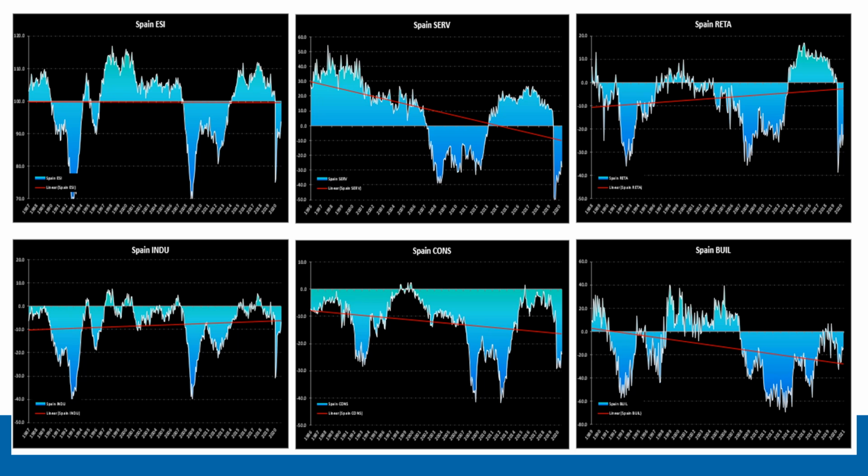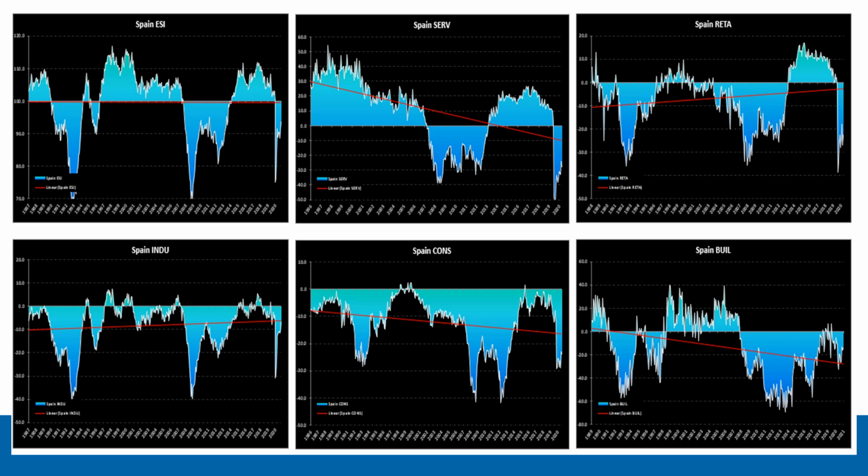So there was a massive boom in Spanish construction, particularly in residential housing. And then the global financial crisis occurred, and they haven't recovered in terms of sentiment ever since.